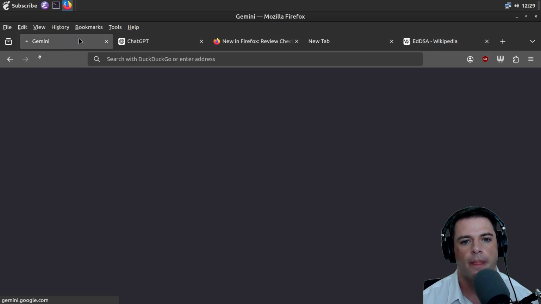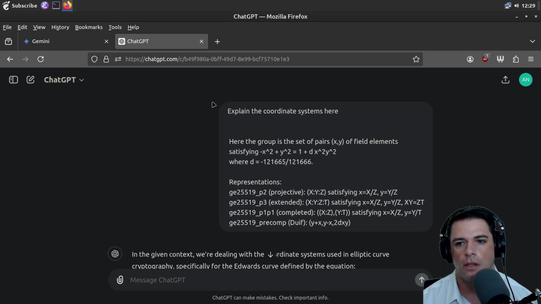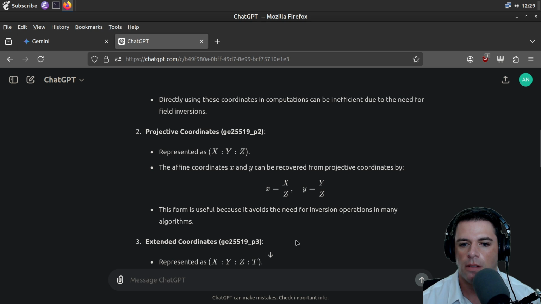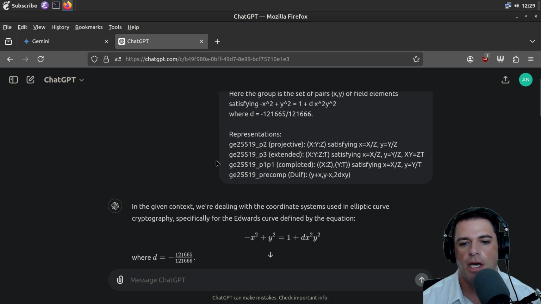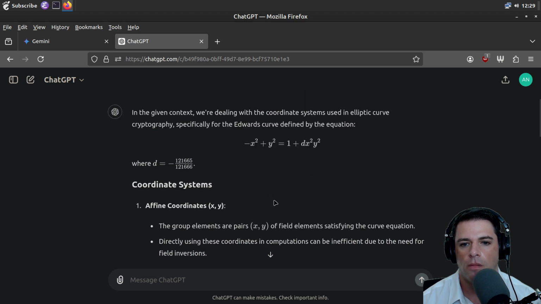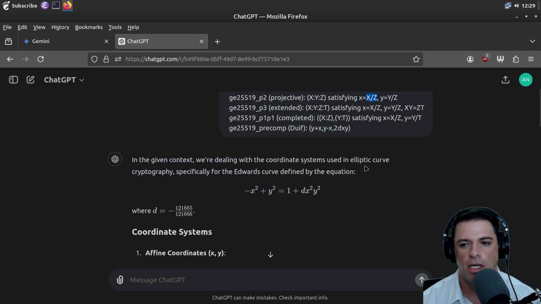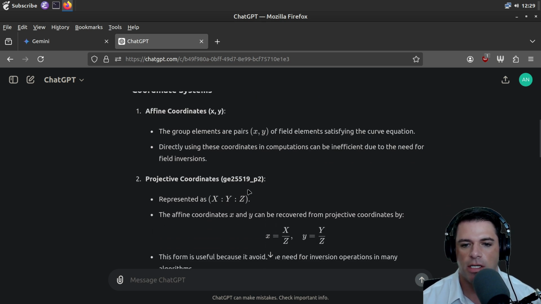Here the group is the set of pairs x, y. Oh, okay, we already read that. All right, so affine coordinates: the 1 over z operation requires inverting z in the field that we just saw, and so that can be inefficient.